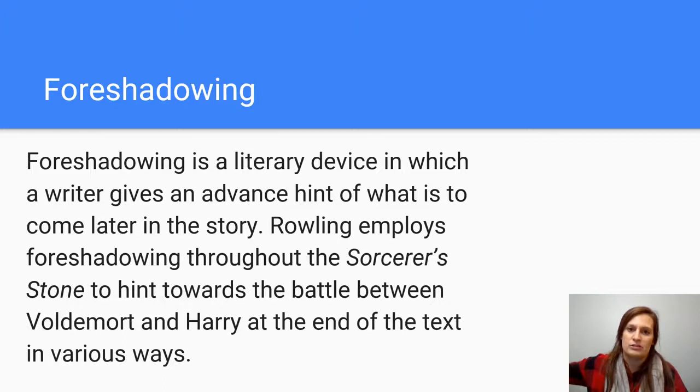She uses it throughout her series as a whole to build it, but she uses it even specifically within the story frame of the Sorcerer's Stone to give you a hint of what's coming at the very end. And specifically, she has a lot of foreshadowing that she uses to hint at that battle that's going to happen between Harry and Voldemort at the end.